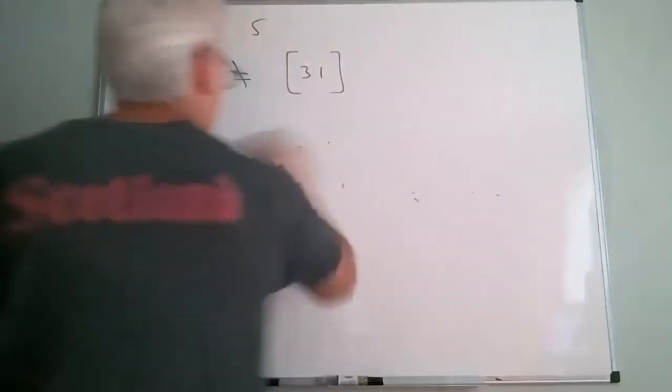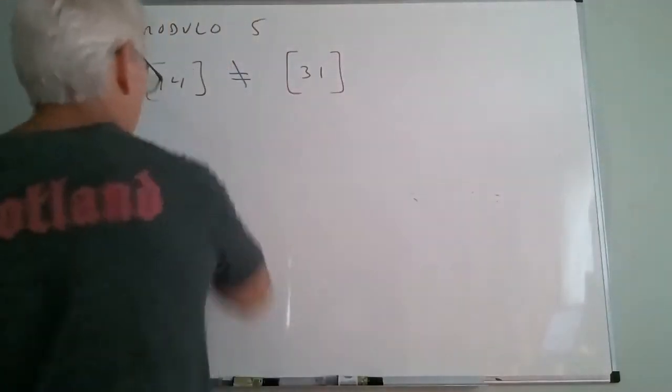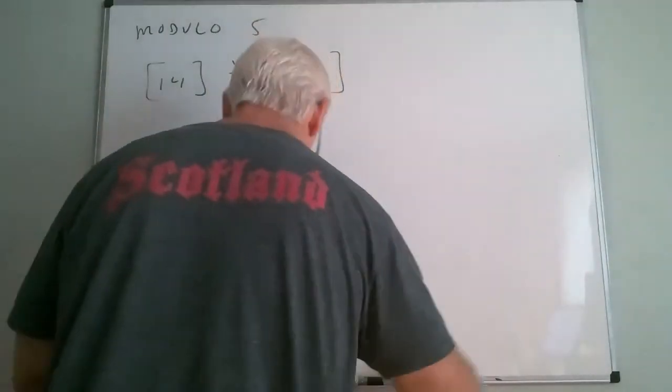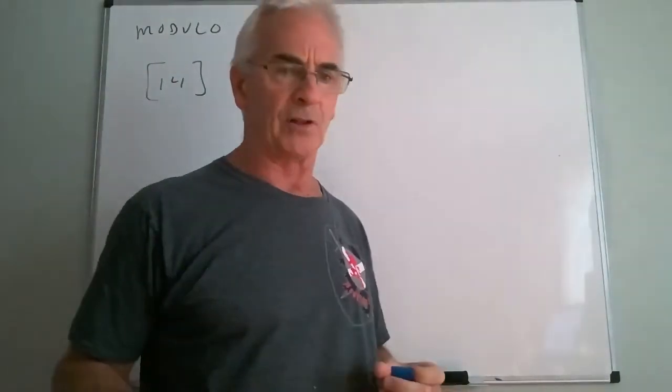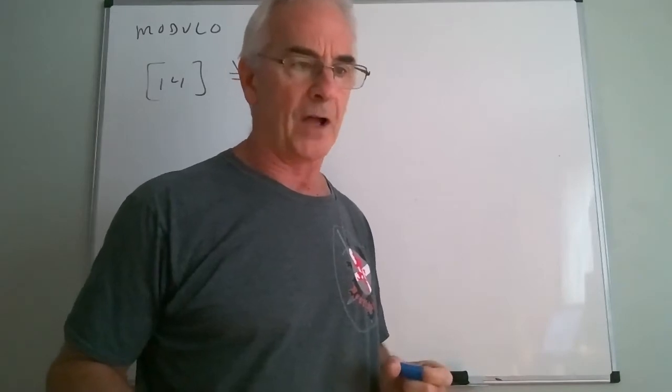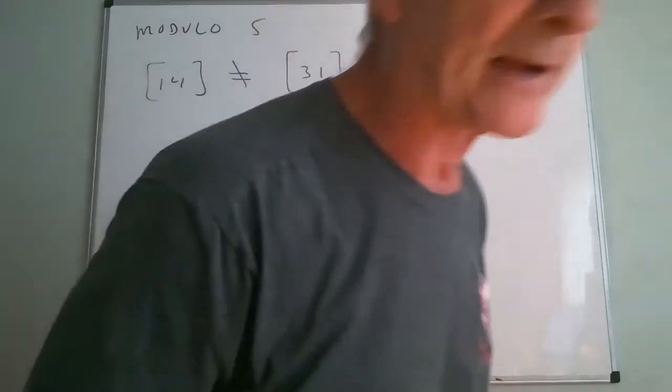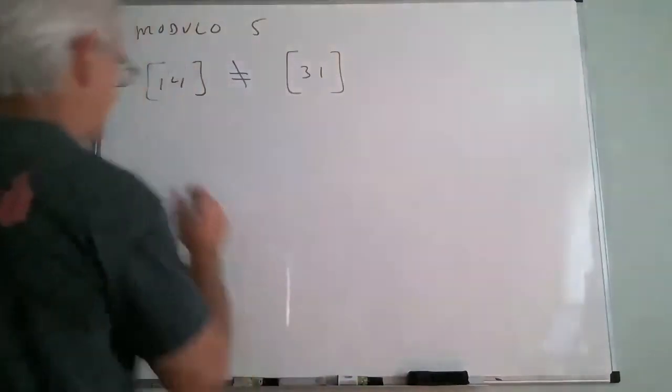Let's continue. We're working mod 5. I'm going to give you a whole set of equivalence classes. We're mod 5. Now, remember, it's the rectangular brackets. Make sure I can read it's rectangular brackets.